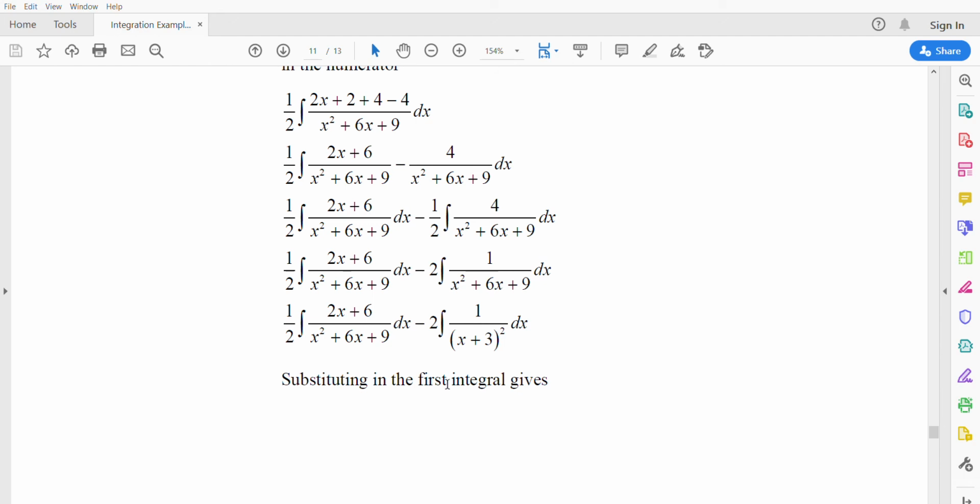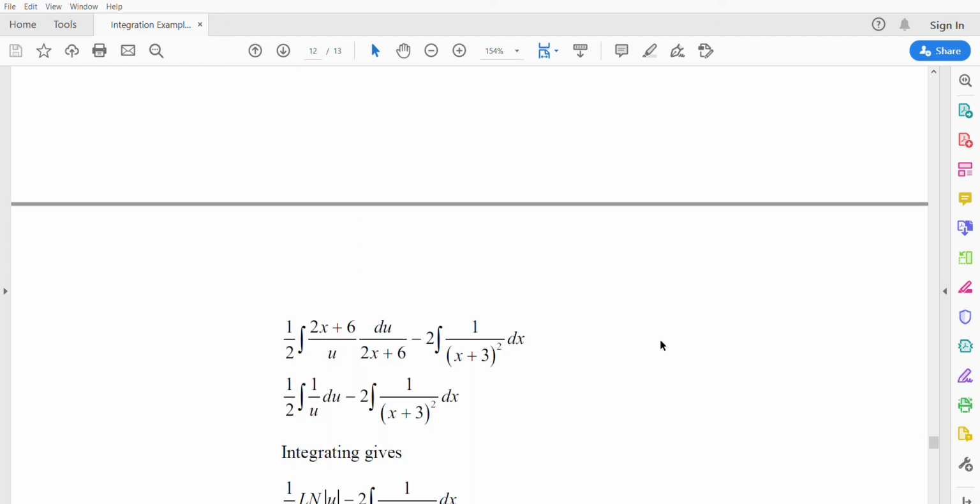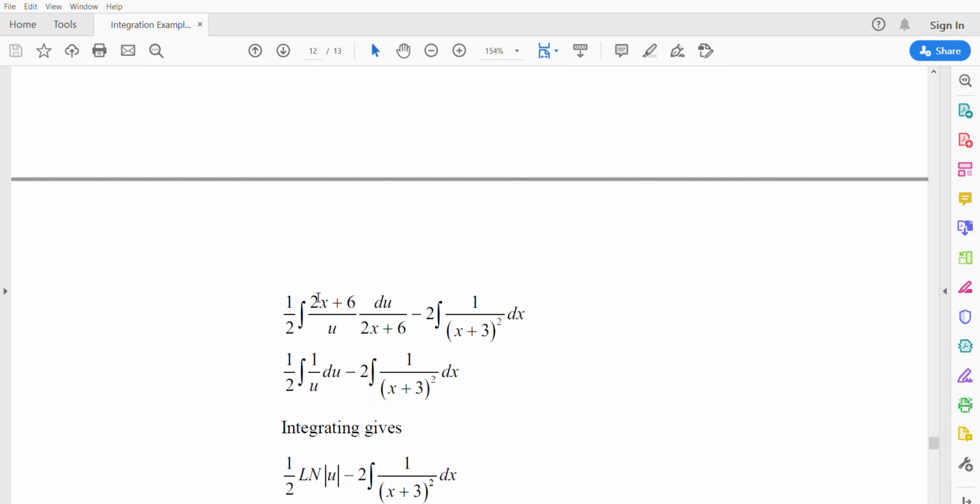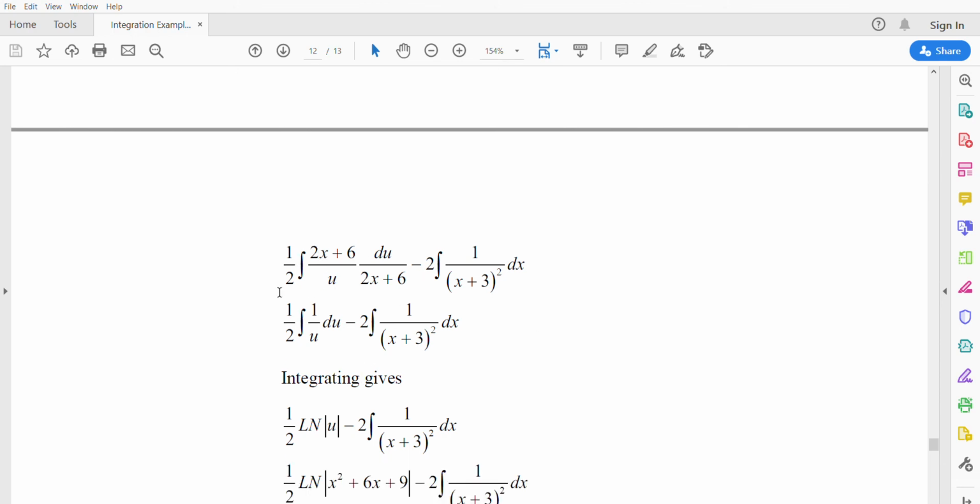So now, using my u substitution, substituting into the first integral, this ends up giving me 1/2 times 2x plus 6 over u times du over 2x plus 6 minus, and there's my second integral, not changed. The 2x plus 6 and the 2x plus 6 reduce, so I've got 1/2 times the integral of 1 over u du minus 2 times the integral of 1 over x plus 3 squared dx.